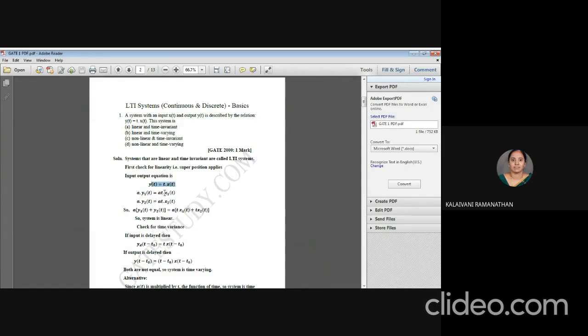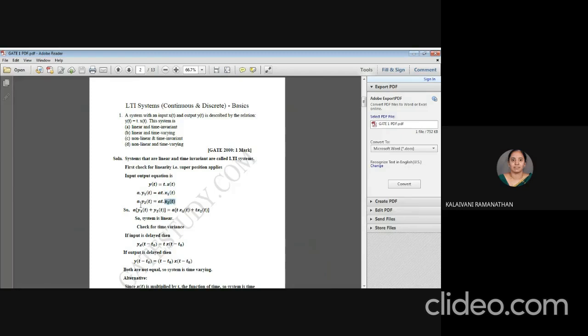Next, you have to consider the input as x1 of t. So the output is noted as y1 of t. And then you have to multiply it with the scalar. So you will be having a y1 of t equal to a t x1 of t. Similarly, you have to consider the input as x2 of t. In this also, you will be considering the scalar as a.